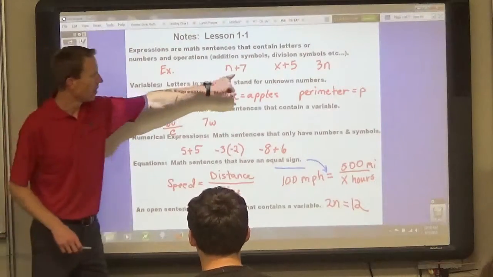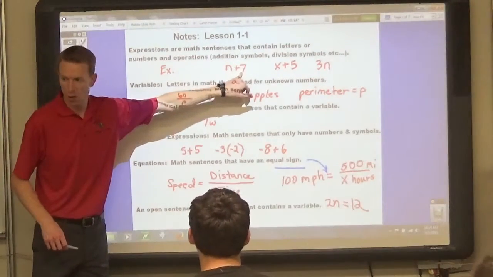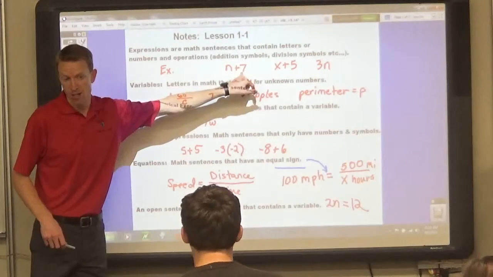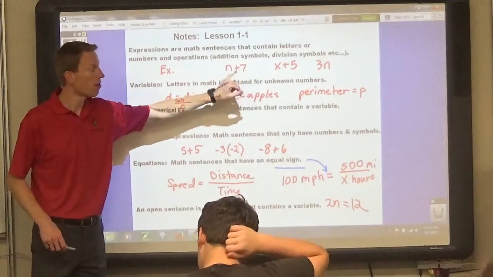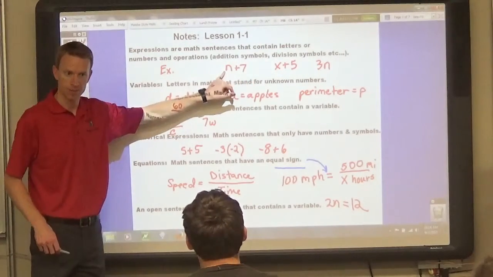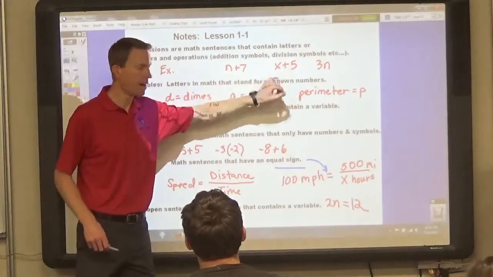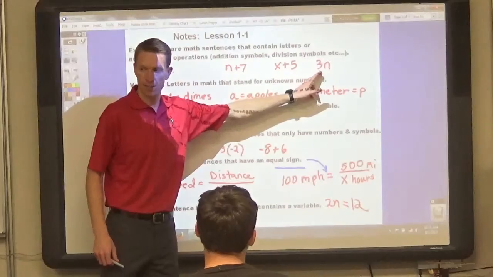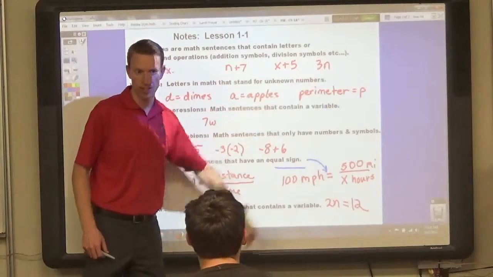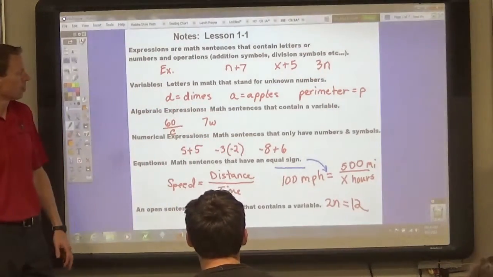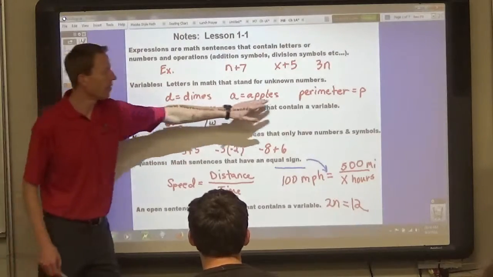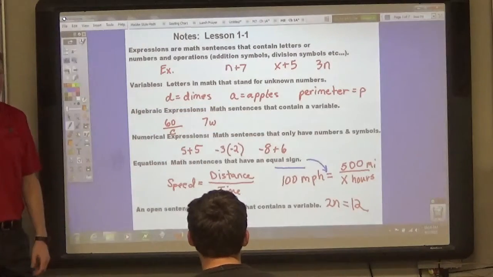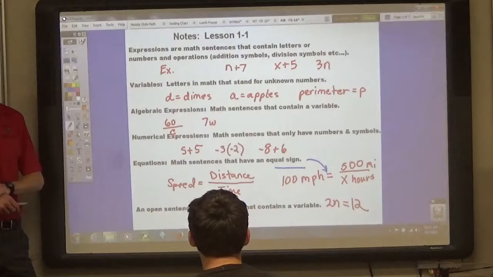So like n plus 7, or this could mean 7 more than n, or 5 more than x, or the product of 3 and n, because that's a multiplication expression. Then the letter should stand for an unknown number of something.